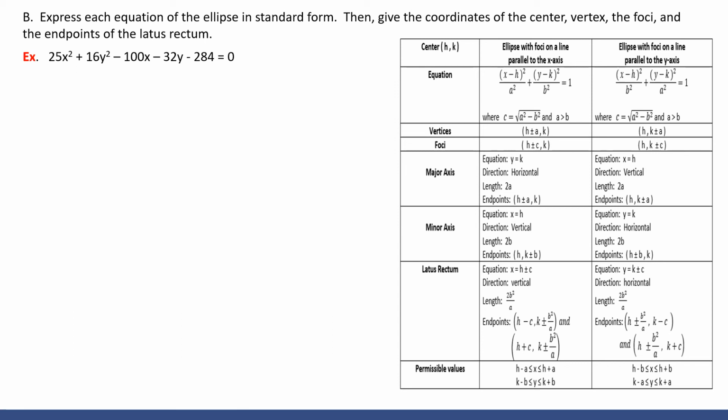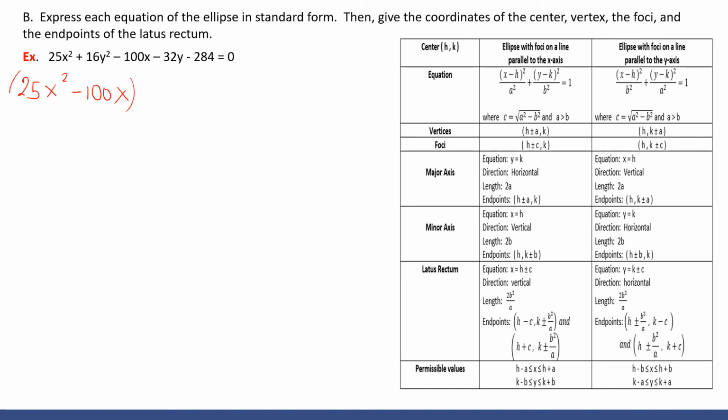Well, at first, katulad ng mga previous na ginawa natin sa ating naunang topic, kailangan nating pagdikitin yung parehong variable ang ginamit. In this case, pwede natin pagsamahin muna yung 25x squared and negative 100x, kasi sila yung parehong x ang ginamit.